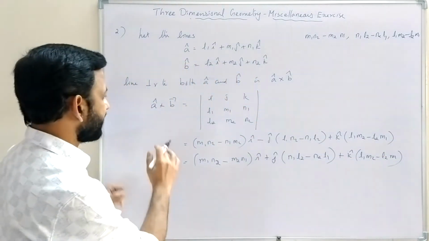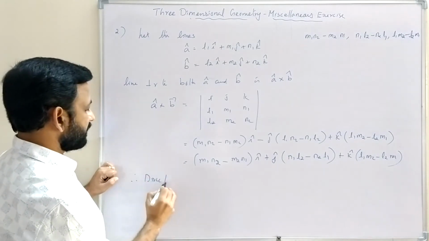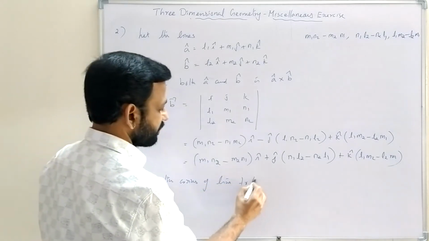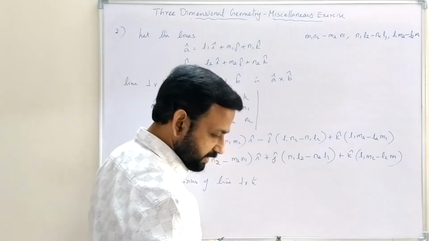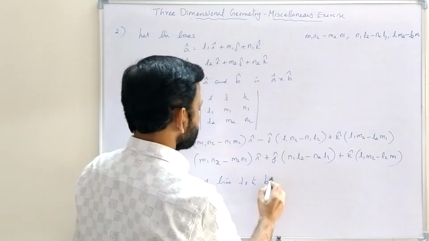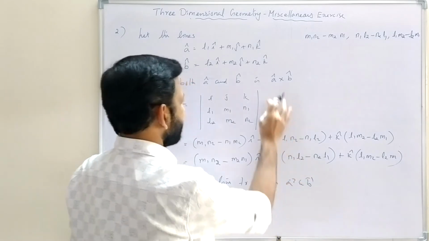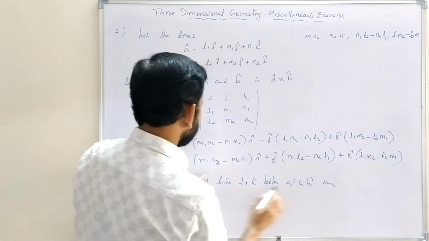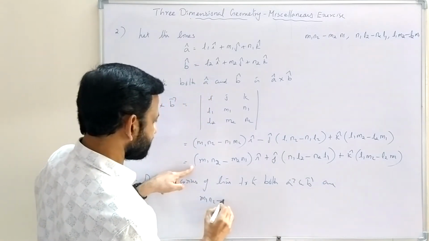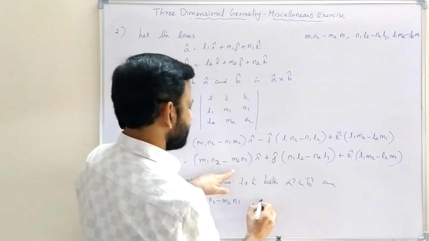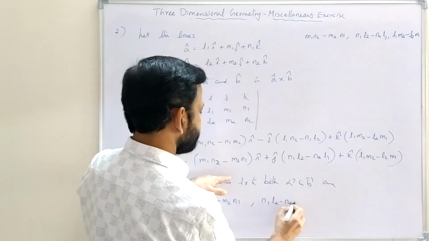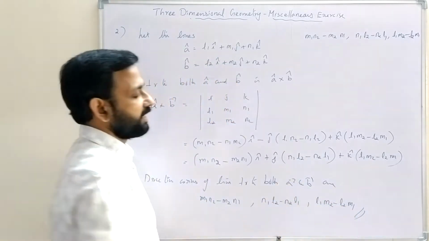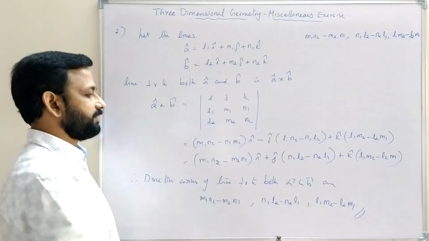So therefore, the direction cosines of the line perpendicular to both A and B, that is A cross B, and this is a unit vector, are M1 N2 minus M2 N1, then N1 L2 minus N2 L1, then L1 M2 minus L2 M1. So we got the same direction cosines we got here.